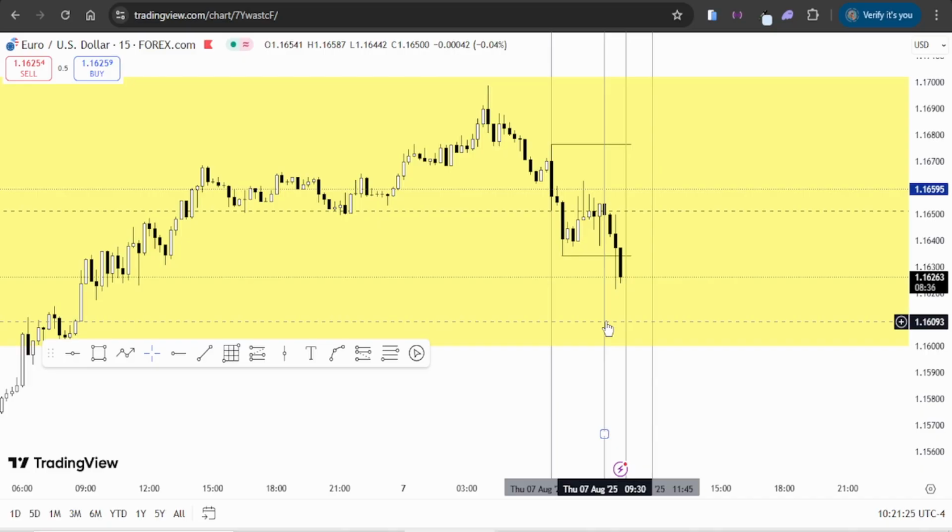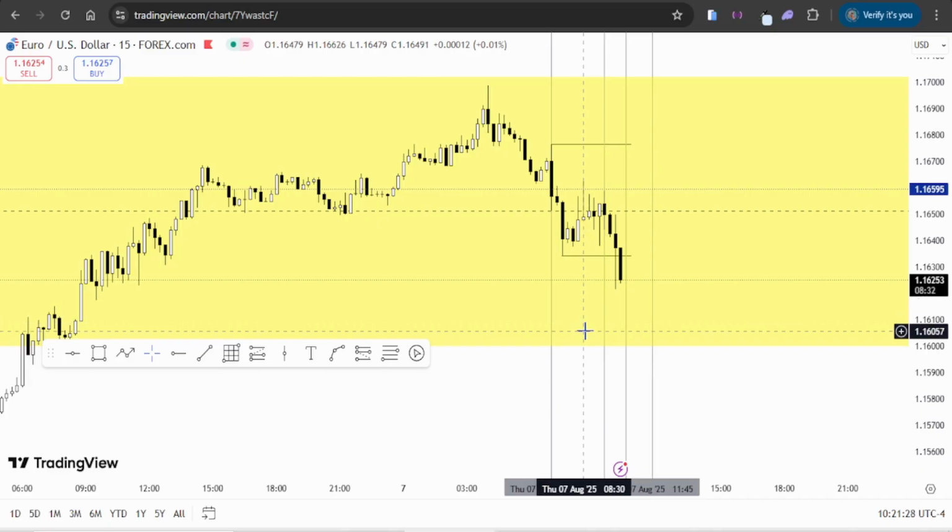I use 9:30. Some people might use 8:30 because that is when the news release happens, but the reason I like to wait till 9:30 is the final flush that taps into the stop losses of the impatient traders. That is when we see that final confirmation: 9:30, 10:30, 11:30.